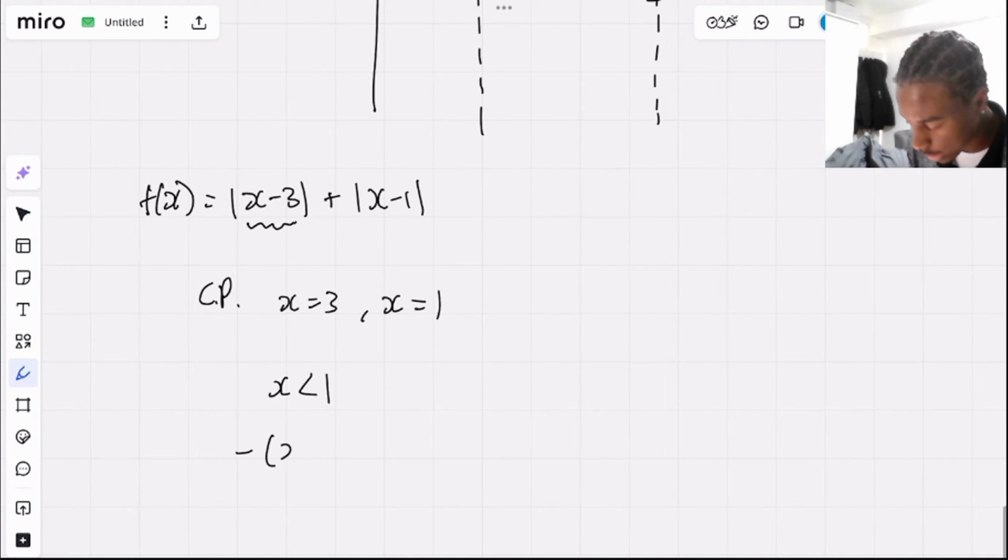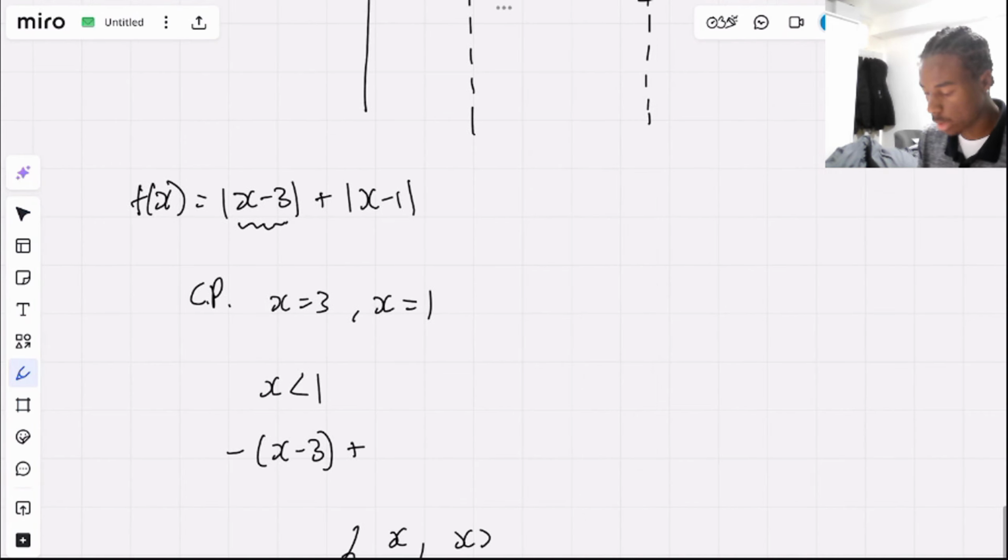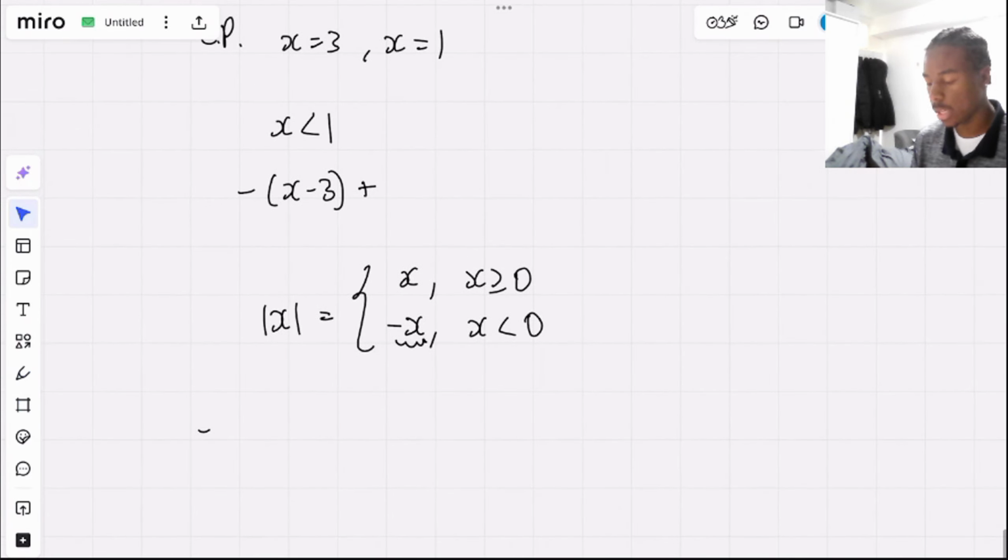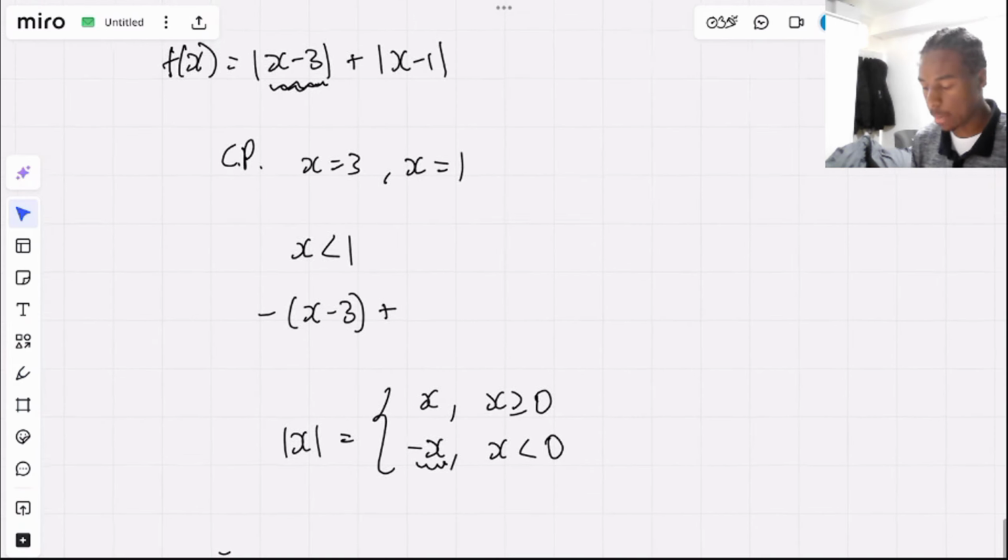So we're going to have negative x minus 3 contributing to our function f of x, because remember the absolute value function, right? It takes in x for x greater than or equal to 0, and takes in minus x for x less than 0. And because this inside here is going to be less than 0, we're going to take minus that inside bracket. Oh, apologies, I don't think you guys saw that. We're going to take minus that inside bracket.